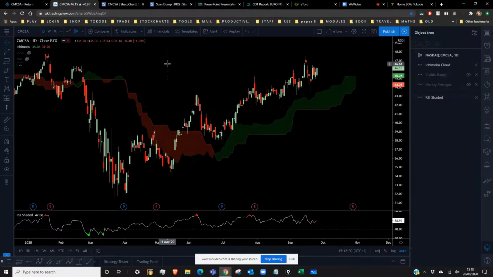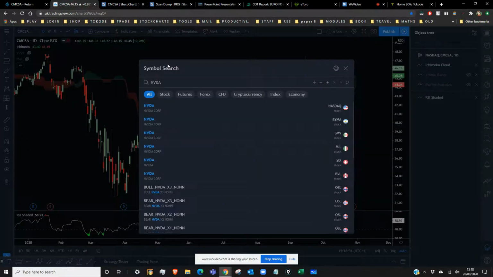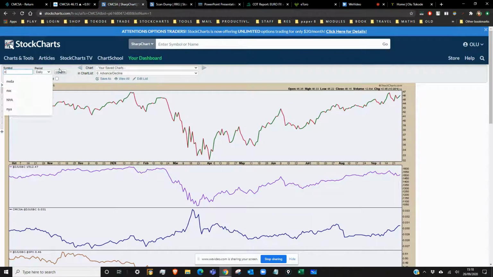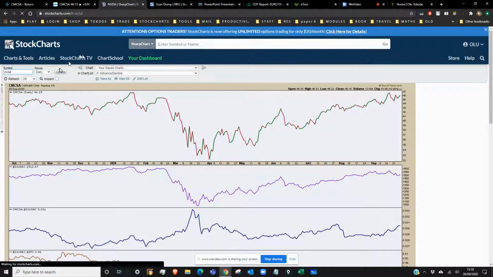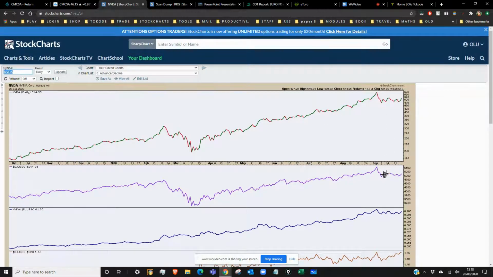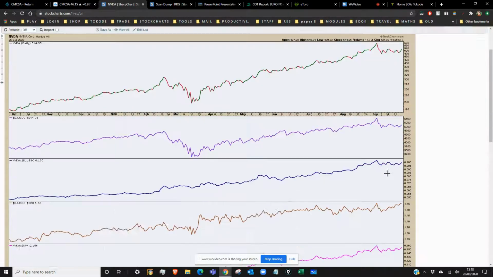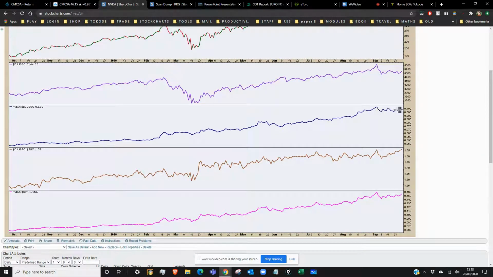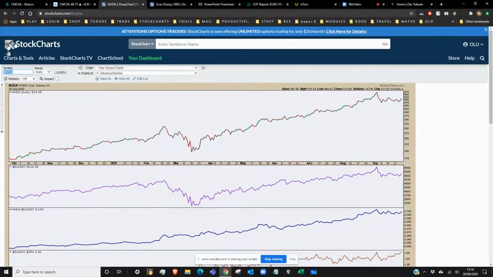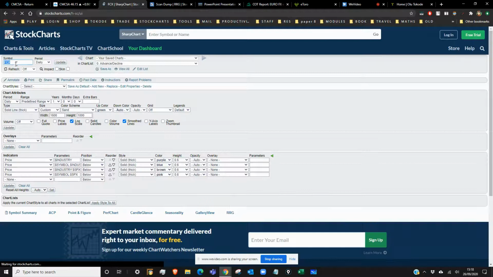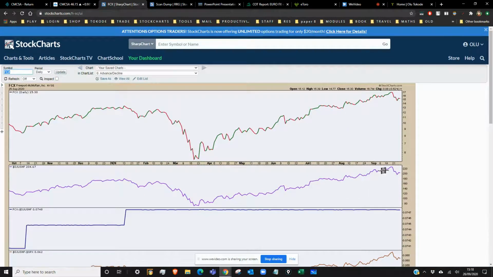Next is NVDA. No, I've checked that already. So NVDA, what does that look like? Industry is down. Nvidia is flat against the industry. The industry is outperforming the S&P. Nvidia is flat against the S&P. That's not too good. What about FCX? Industry is down.